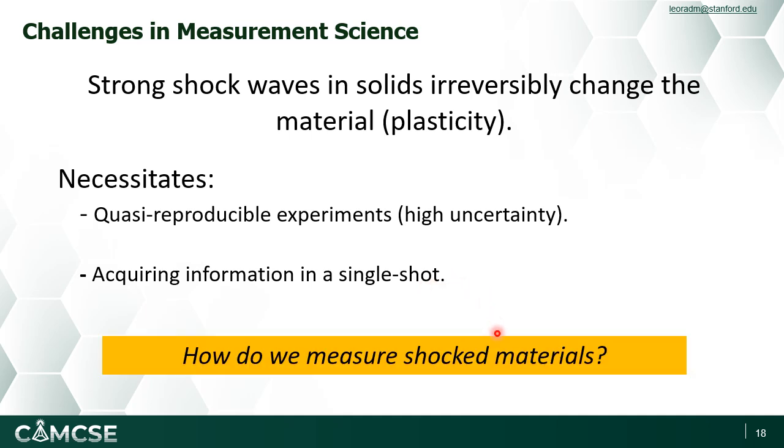So this means that the measurement tools that we have for shock physics have been one of the biggest enablers in our understanding of how shock waves transform materials. So we're now going to ask ourselves for the rest of this workshop, how exactly do we measure shocked materials and what does that show us?